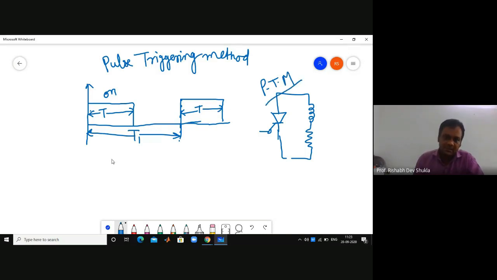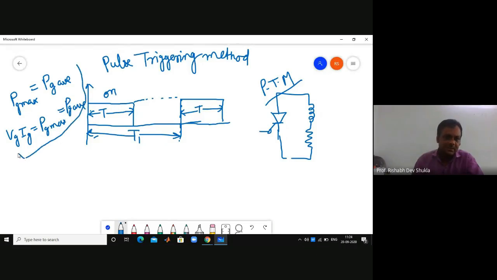What you find here in continuous firing is that PG max is equal to PG average, because there will be continuous firing. So throughout the cycle, you will have a continuous signal. In that case, Vg into Ig is your P max, which is also equal to PG average.